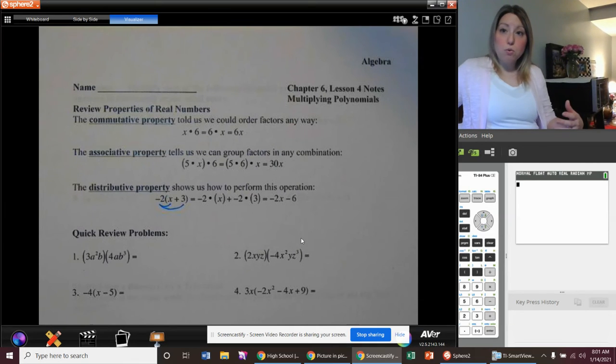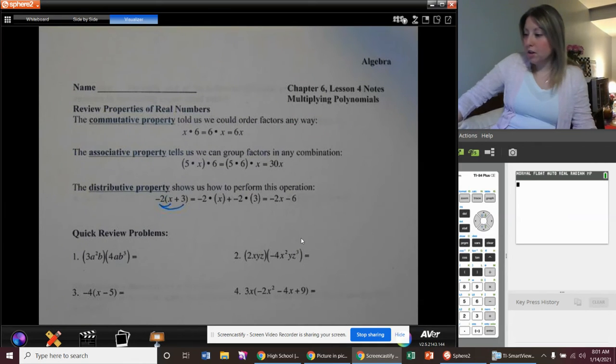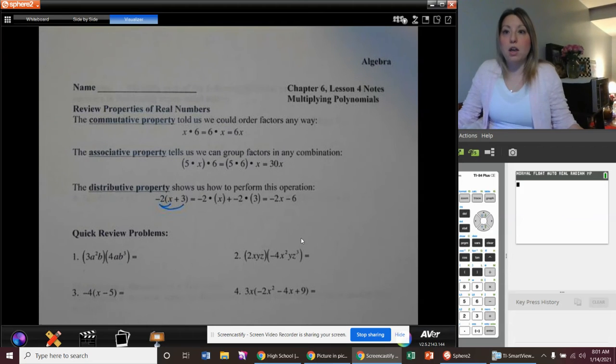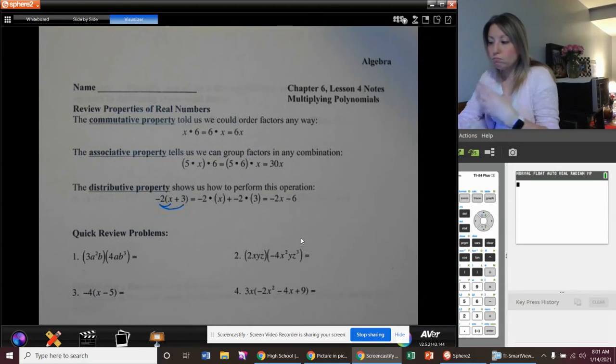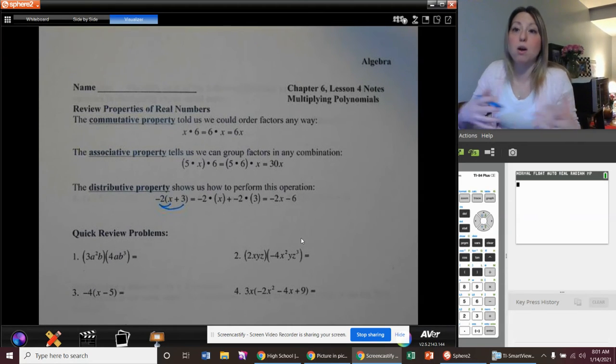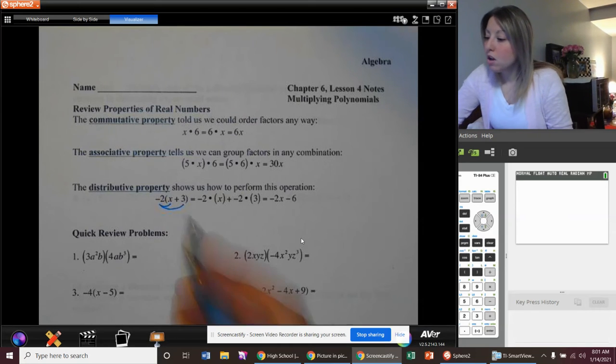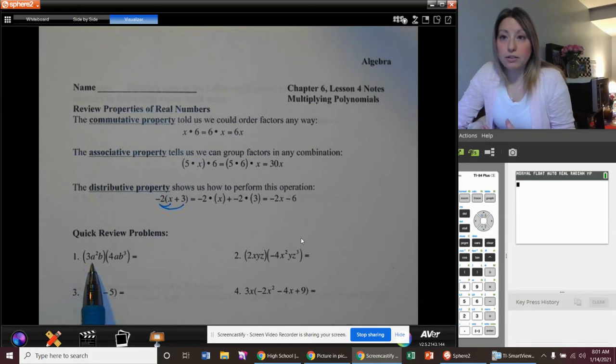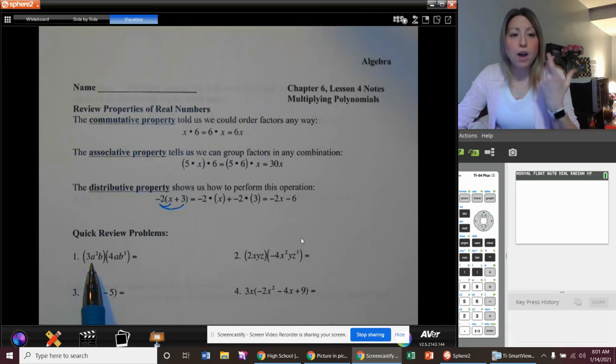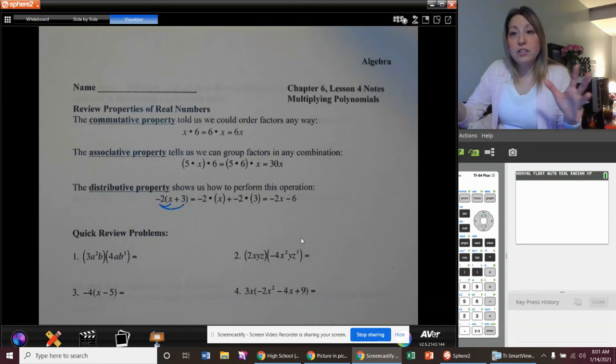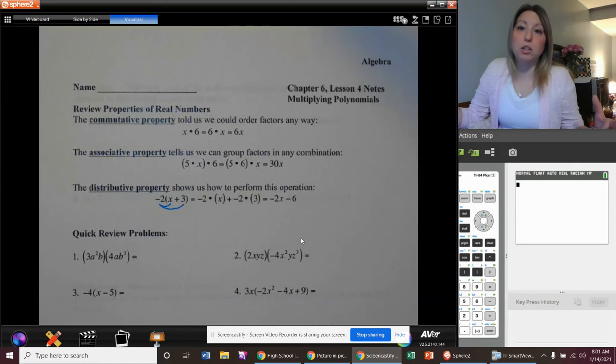So, a quick review of things that we've already covered with our exponent rules and with what I've just talked about, reviewing those properties. In this particular case, in number 1, you've got 3a squared b and you've got 4ab cubed. Well, this is a case of everything being multiplied together.